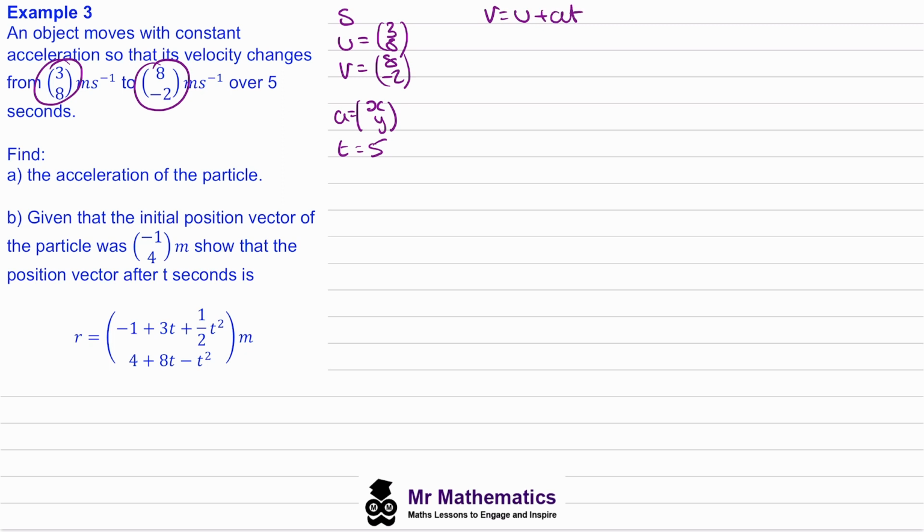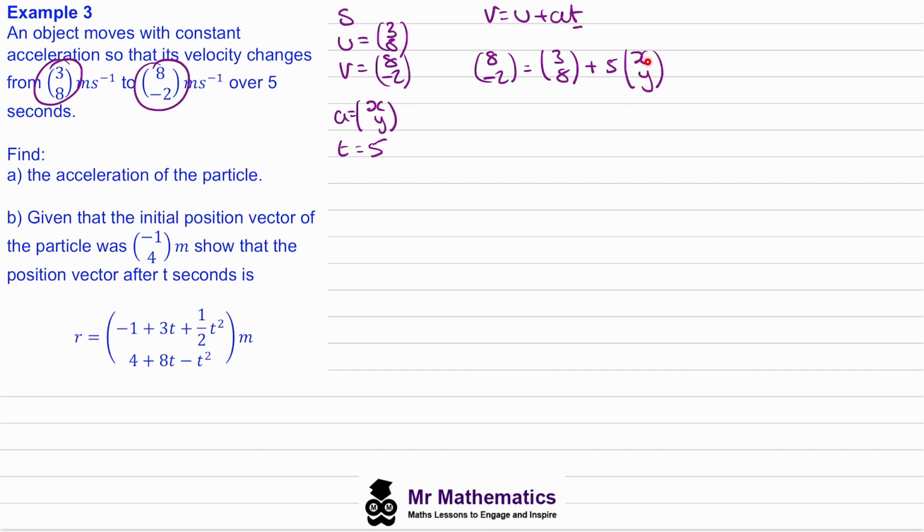So if we substitute in these values, we know v is (8, -2), and this will equal u, (3, 8), plus t times (x, y). This is the i component of the acceleration, and this is the j component.